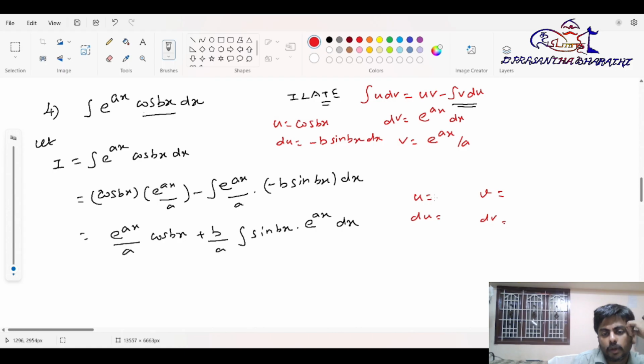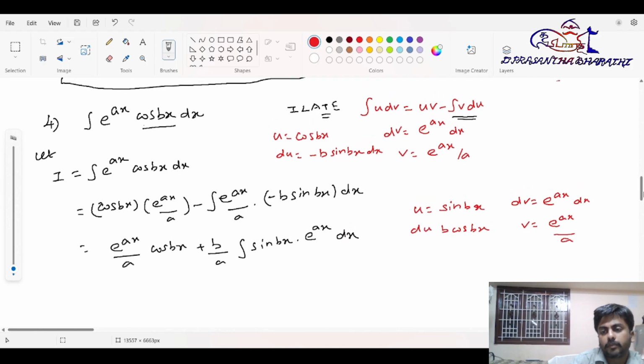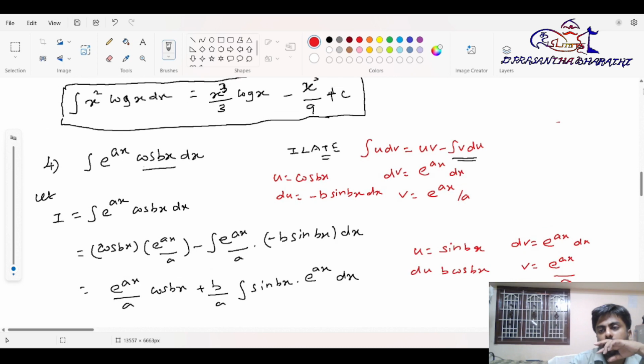So u equal to sin bx, du equal to b cos bx, then dv equal to e power ax dx, v equal to e power ax by a.